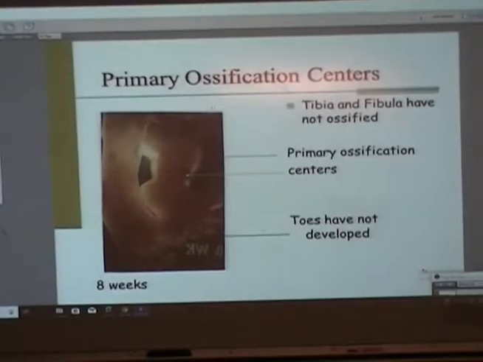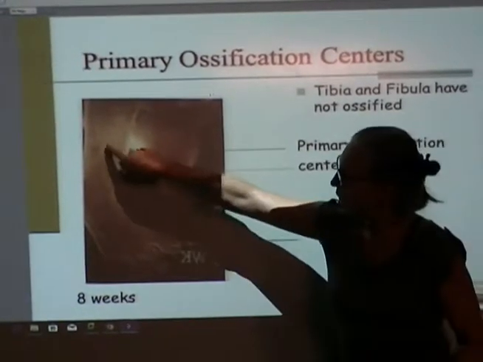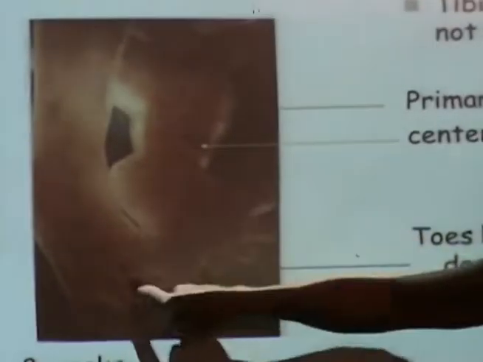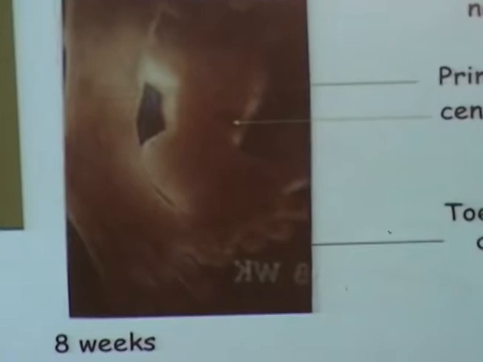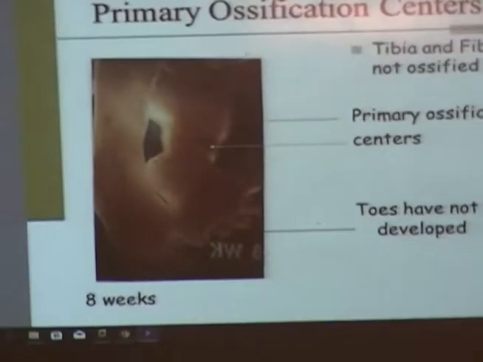Okay? So here, you can see some in the feet, all right? Primary ossification centers, points from which starting to calcify the bones.